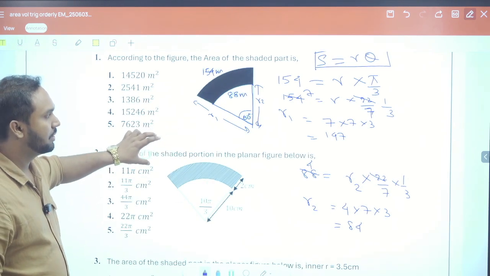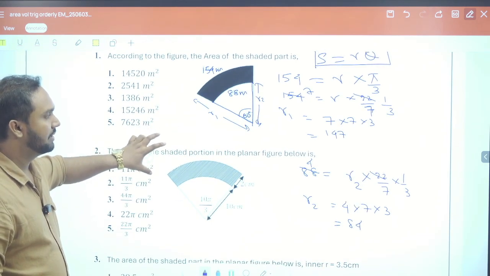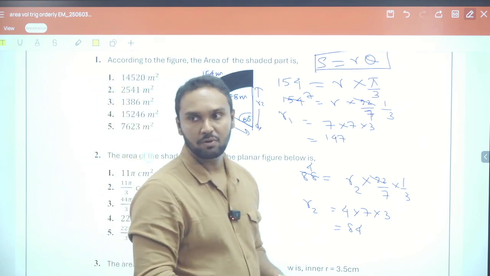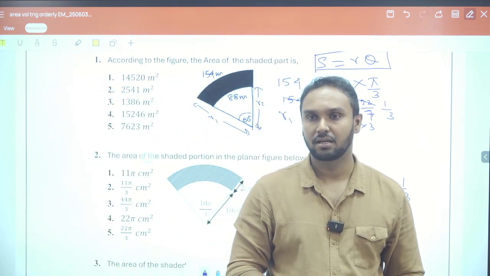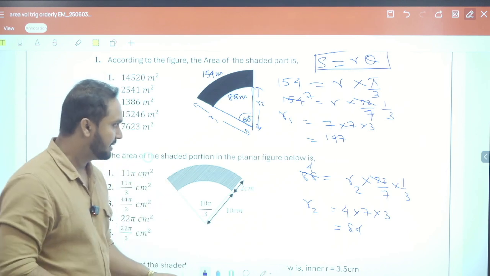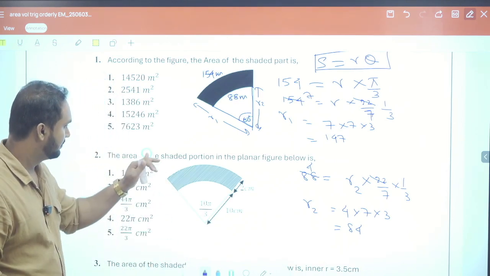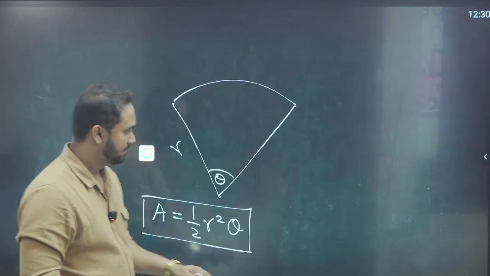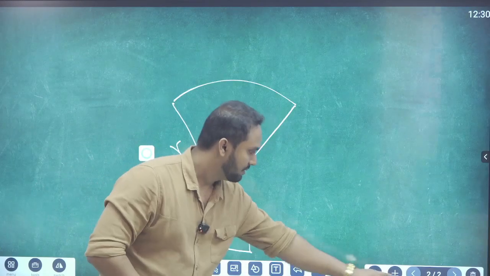Then what are you supposed to do now? You have the two radiuses, you have to put in the formula. You just deduct the smaller area from the larger area, right? We'll take it into one equation.